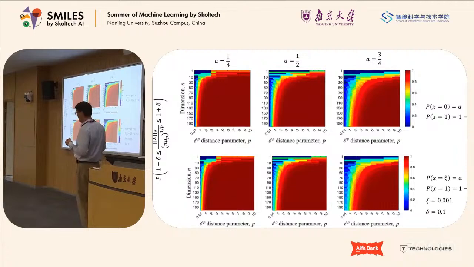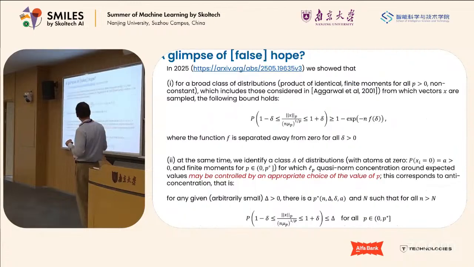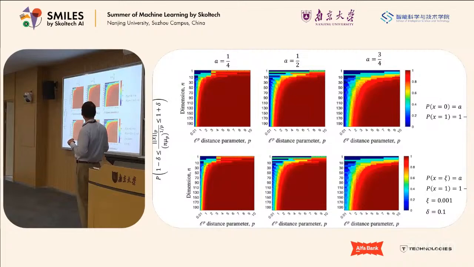Just to be precise here, I'm trying to measure the probability of concentrating around this delta shell, and delta, I think, is equal to 0.1 here, right?